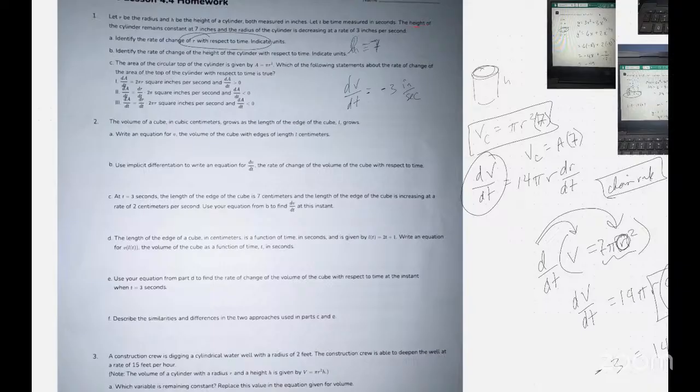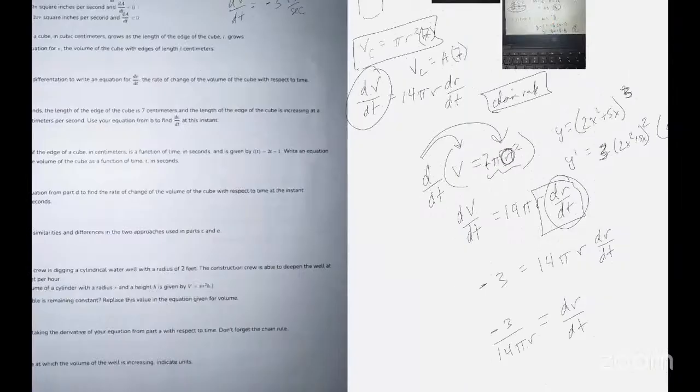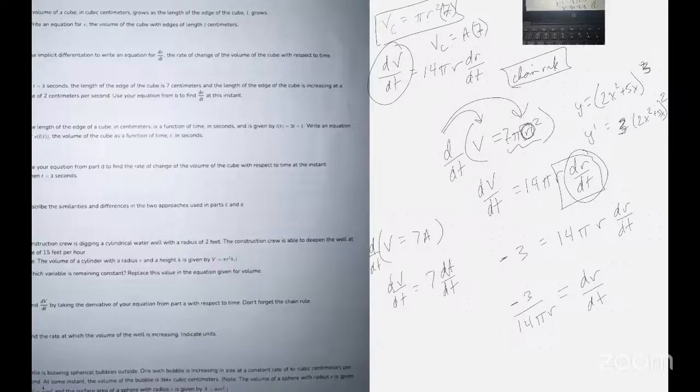So if we did it with that, V equals 7A, and if I took the derivative with respect to time of that, it would just be dV/dt equals 7 dA/dt, right? And dV/dt was -3. So just -21. No, divided. Oh yeah, -3/7 equals dA/dt. Is that one of my options? So 2 or 3.